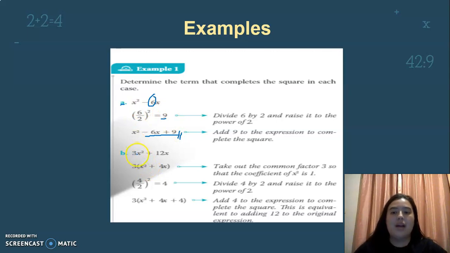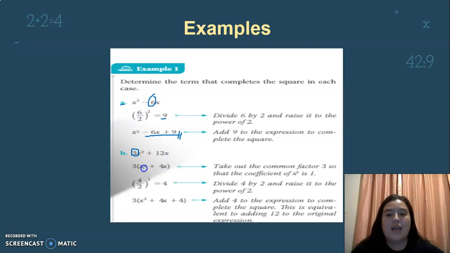In the second one, we have 3x^2 + 12x. Then we have to take out the common factor of 3, so that the coefficient of x^2 is 1. We copy 3, and then a number that multiplied gives me the same equation.